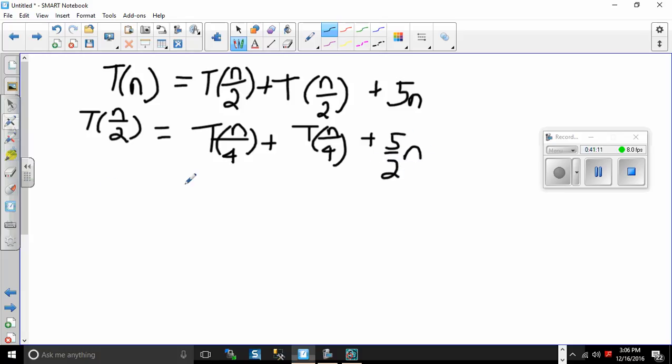Okay, and so that's just equal to 2 times T(n/4) plus 5/2 n.